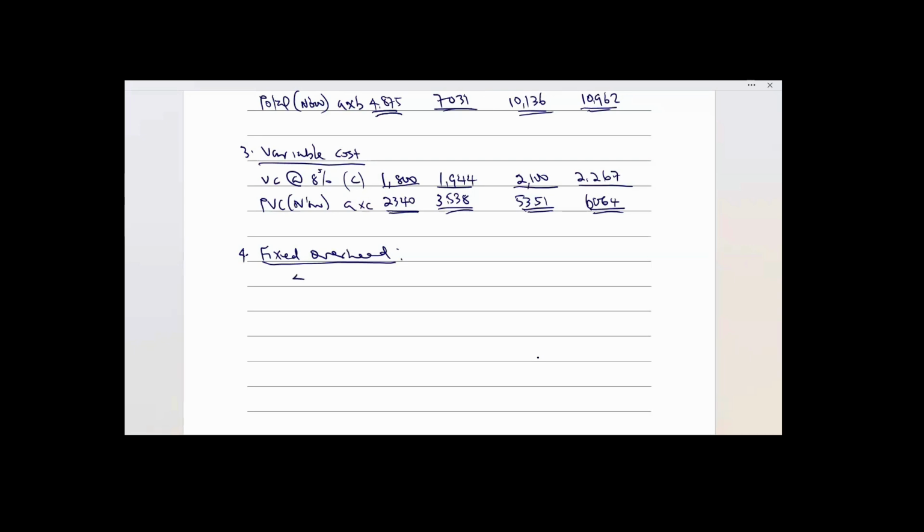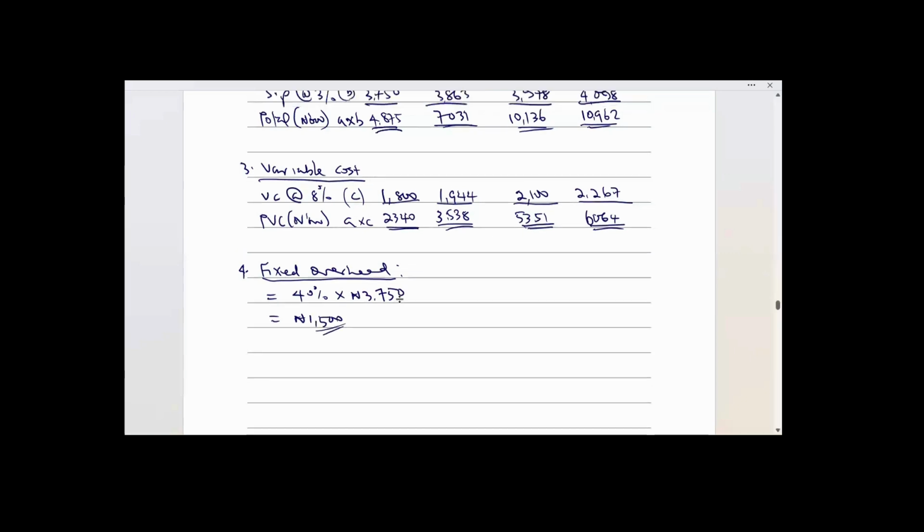I would then say 40% multiplied by 3,750, since our figures are in thousands. What's 40% of 3,750? 1,500. So figures are in thousands.